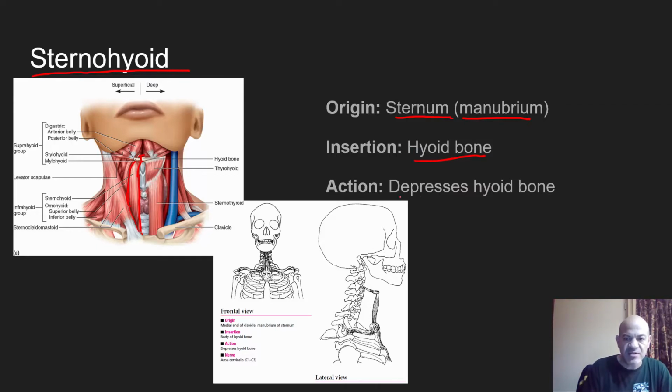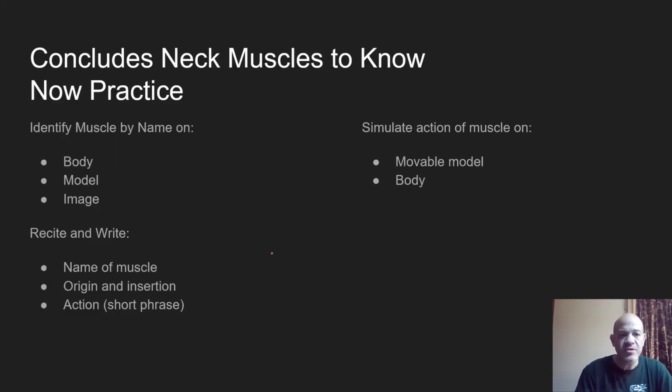This has the same action: it depresses the hyoid bone, or pulls down on it. So here's the hyoid bone in the picture on the bottom right, where we're isolating with a lateral view. The insertion would be the hyoid bone, and the origin would be the sternum. So again, when that one contracts, we pull downward on the hyoid bone. The isolation picture here shows both the left and the right sternohyoid muscles.